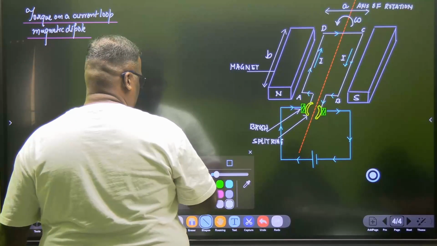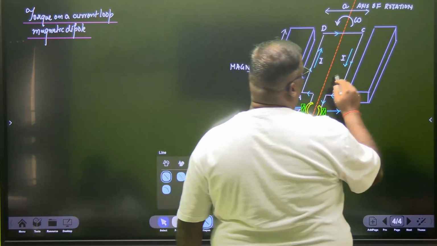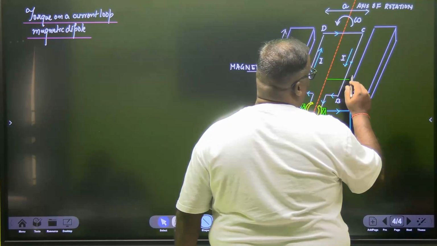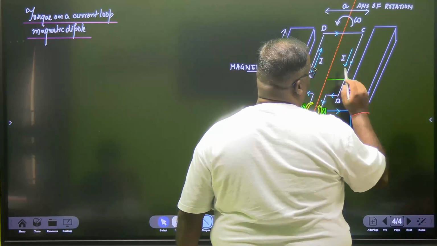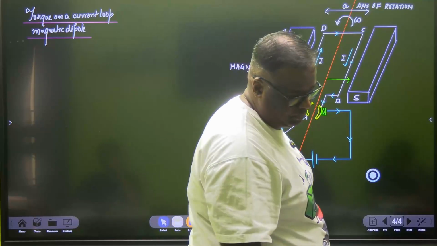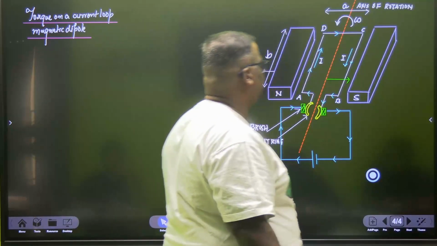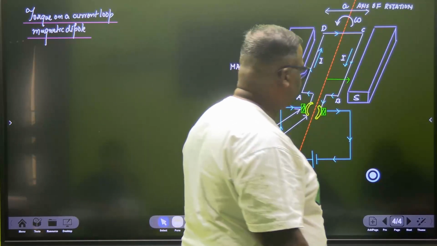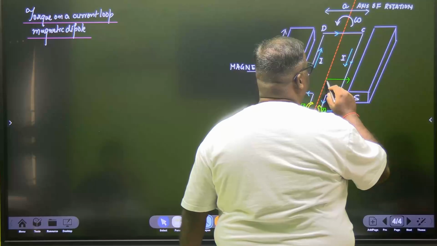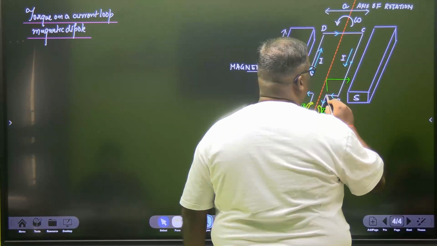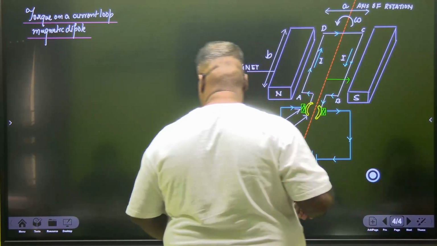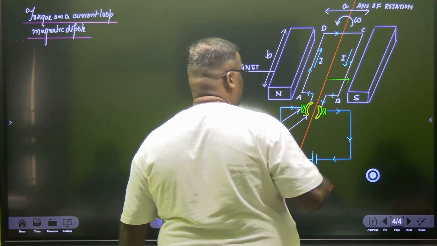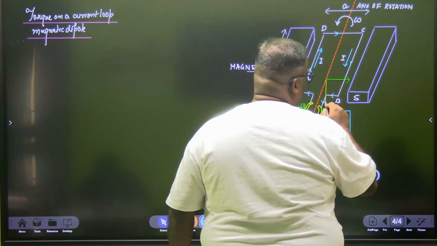Then at any particular point, this is the magnetic field B. I'm just putting my arrow out here.